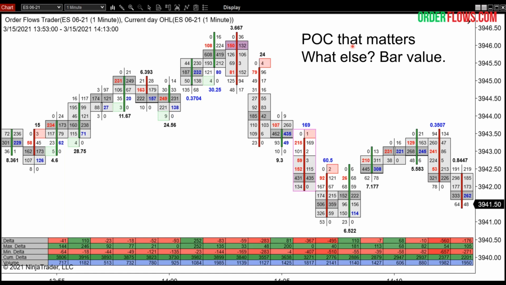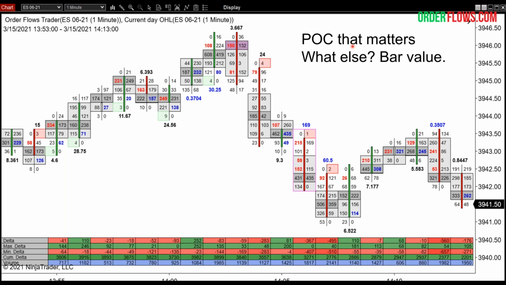One of the things that we added was the bar value. Now, most people understand value areas because they've done reading and research on market profiles, so they understand the value area, right? That's the area in the profile where about 70%, some people use 68%, of the volume occurs in the day's trading.